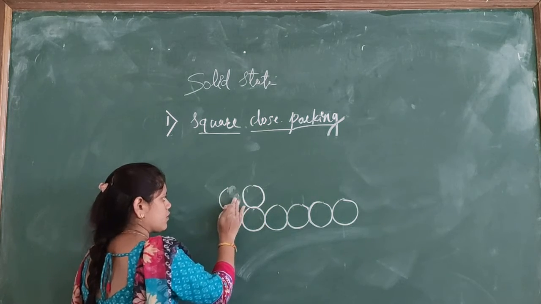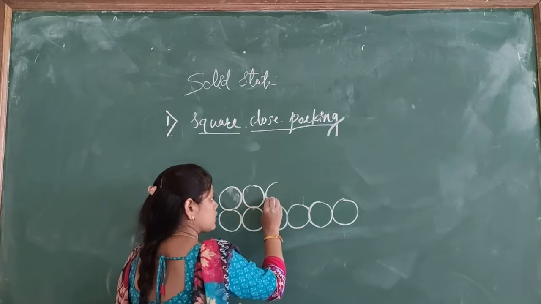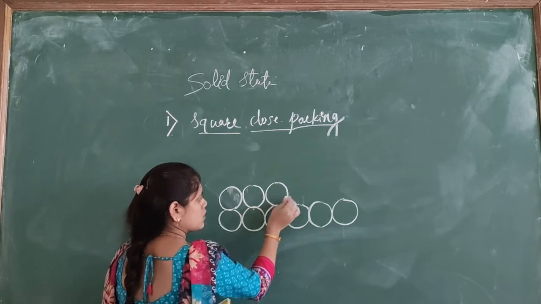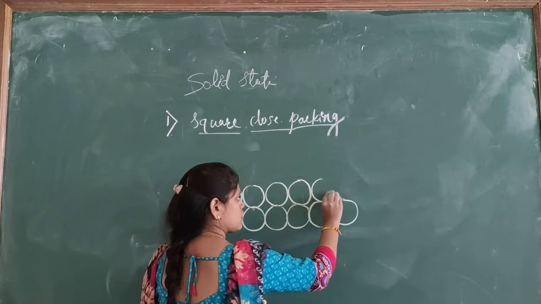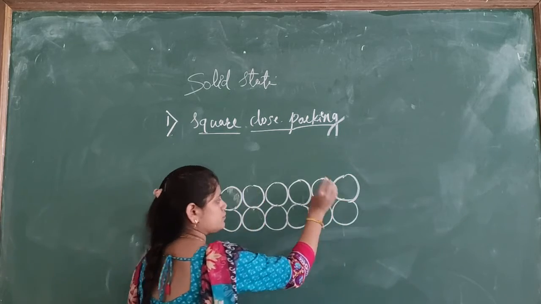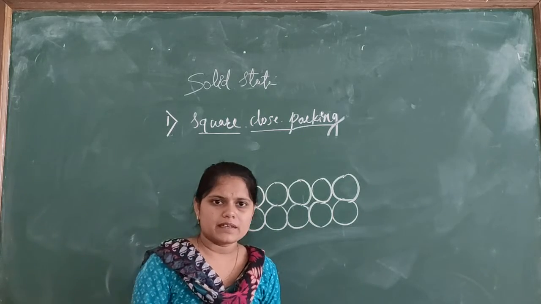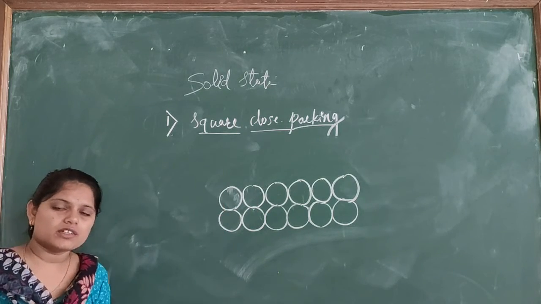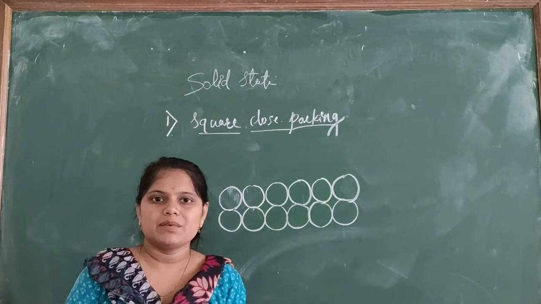Okay, we'll try it once again. But in the definition they told, each atom will remain in contact with 4 neighboring atoms.